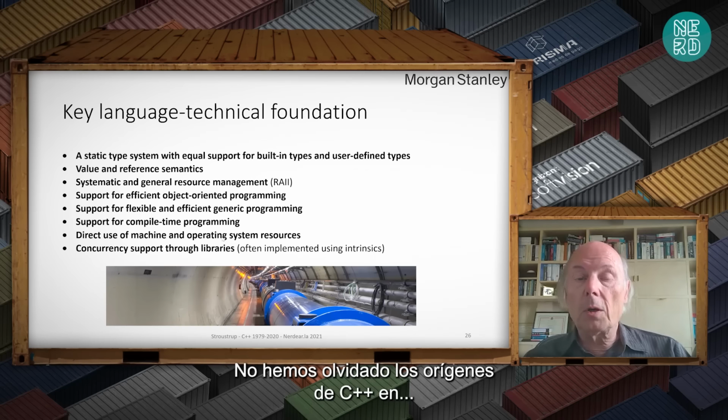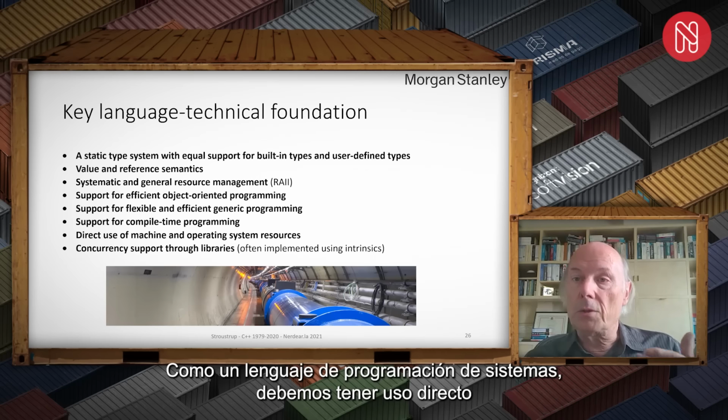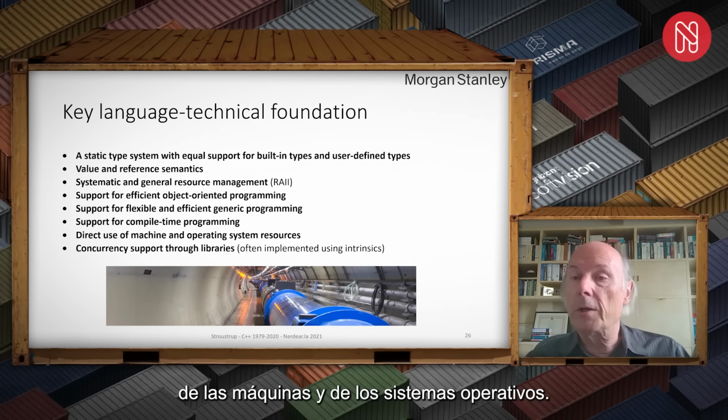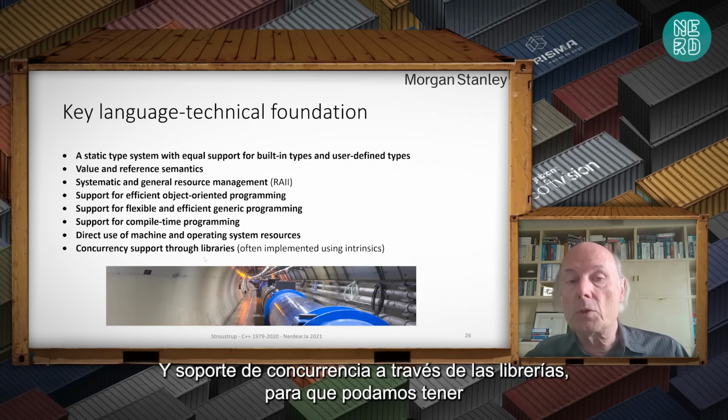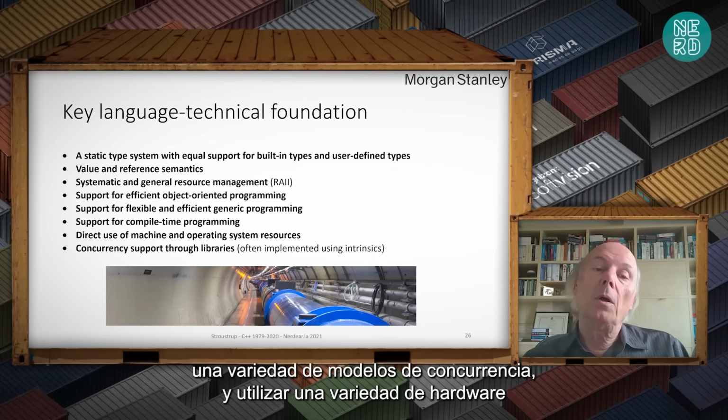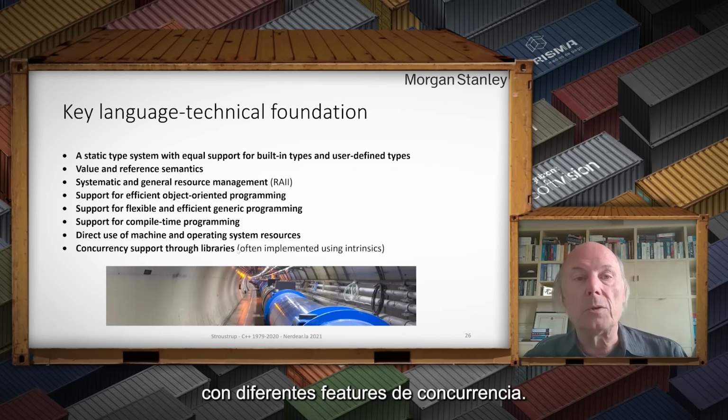We have not forgotten the C++ origins as a systems programming language. We have to have direct use of machine or operating systems, and we're getting better at that still. And concurrency support is through the library so that we can have a variety of concurrency models and using a variety of hardware with different concurrency features.